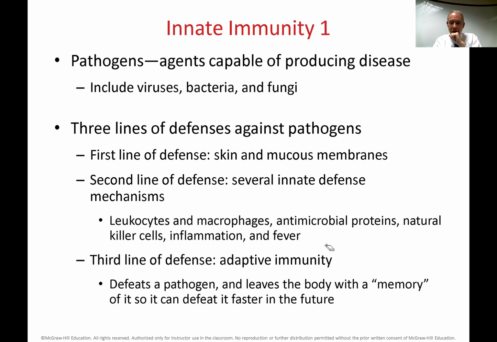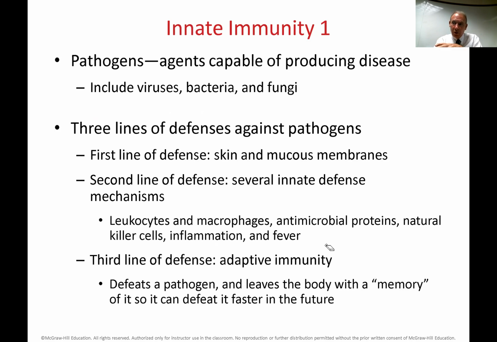Second line of defense, we have some substances in our body. We have leukocytes, white blood cells, infection fighters that circulate. We have macrophages, right? And those are white blood cells turned into tissue cells. And we have proteins that we produce that might kill microorganisms.